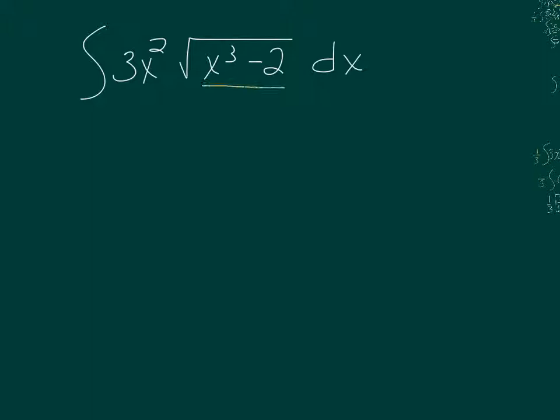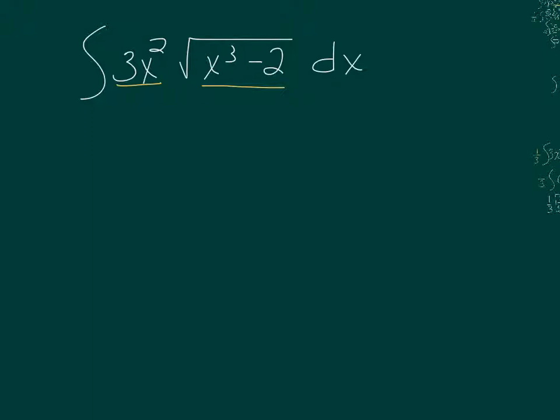Okay, let's look at a couple more where we have the pattern, and then we want to look at change of variables. If we have the integral of 3x squared times the square root of x cubed minus 2 dx, let's look at this. Do I have the derivative of the inner function? We do. It's 3x squared.